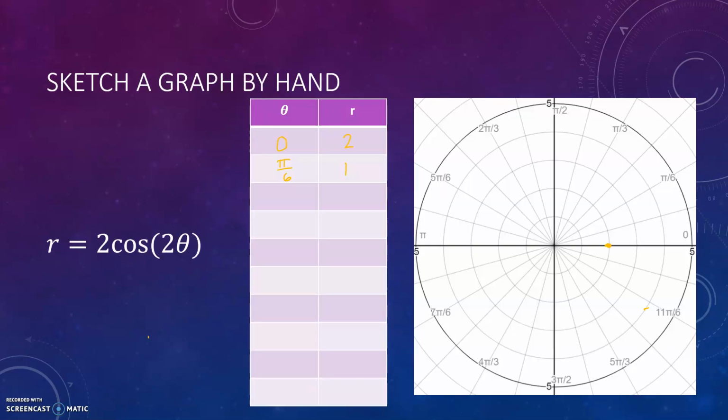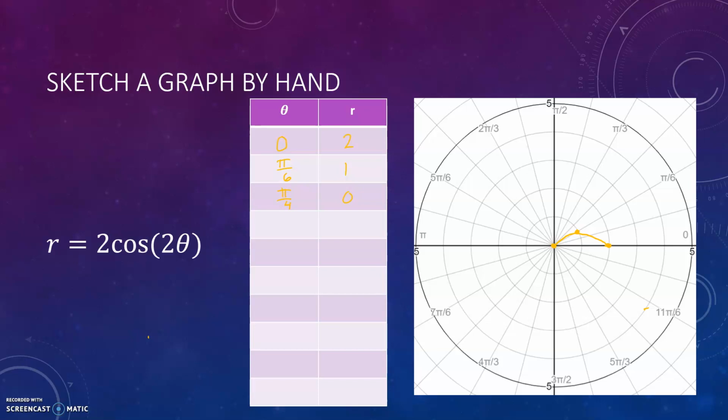Then I'm going to do pi over 4. That would be 2 times cosine of pi over 2, so that'd be 0. So in the pi over 4 direction, I'm at the origin. And so my curve looks like it's going like this, at least so far. I don't really want to do pi over 3 because then I'd have to do cosine of 2 pi over 3, which is going to have a root 3 over 2 in it.